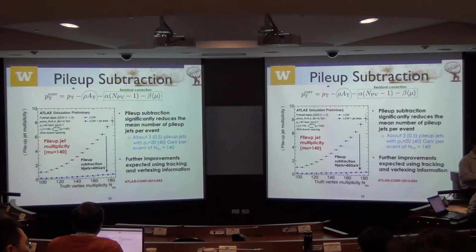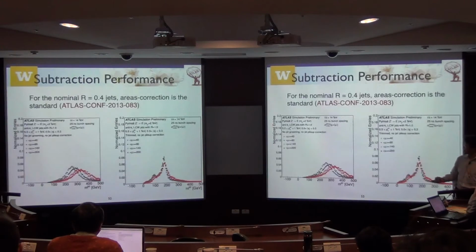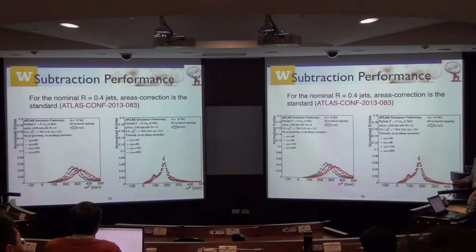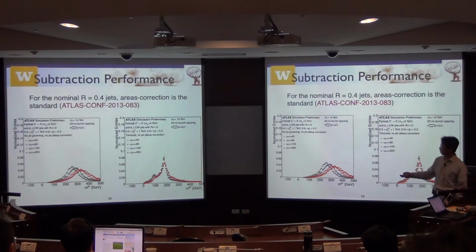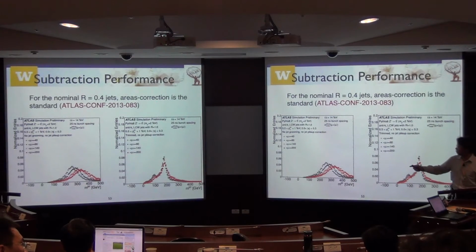If you go to the next page, I see the example you consider. What's the typical jet energy here? The PT, for example, 500 GeV. No, 1 TeV. If you change it to 2 TeV, have you tested it?